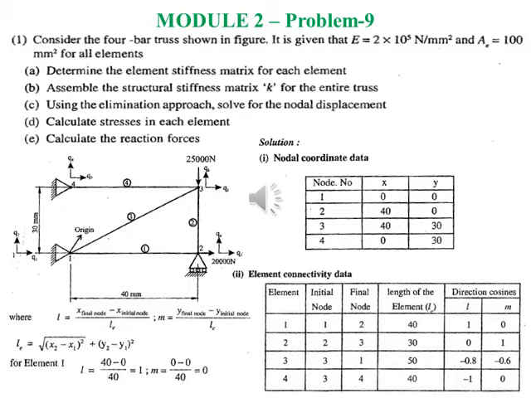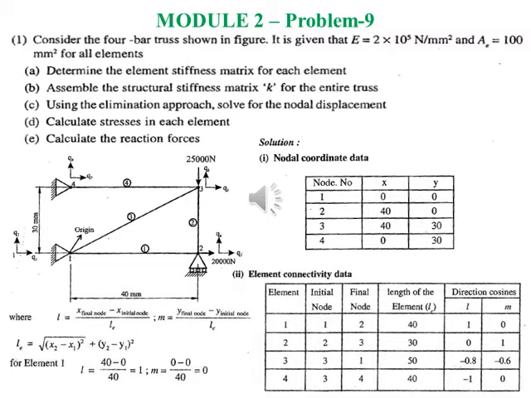So if we look at the element connectivity, elements 1, 2, 3 and 4 are there. For element 1 the initial node is 1, final node is 2. For element 2 the initial node is 2, the final node is 3.